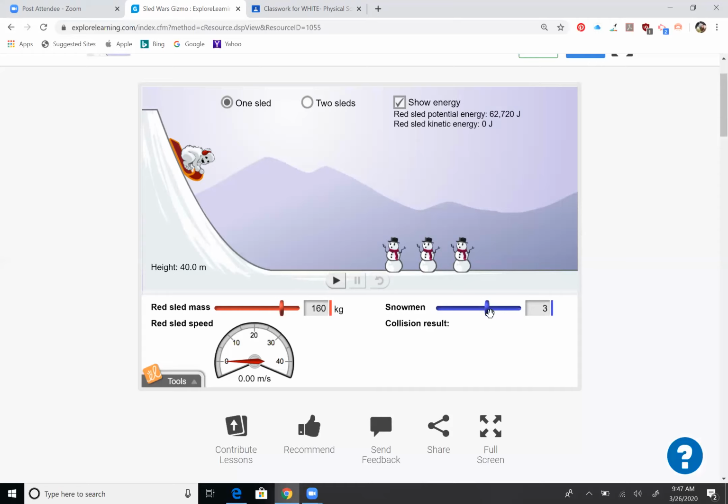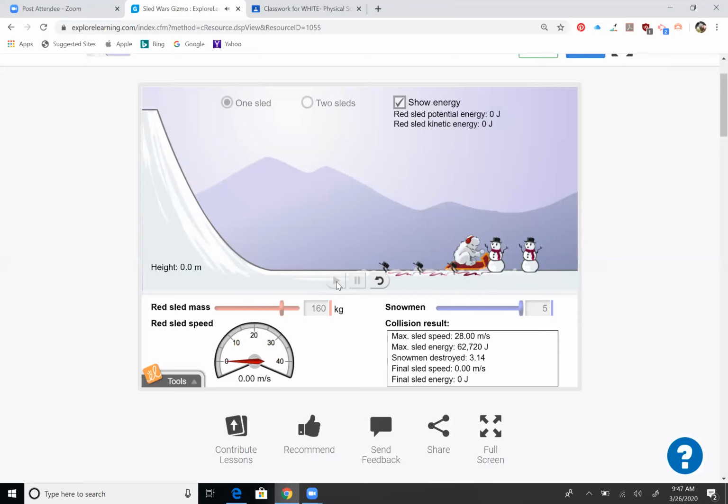It actually wants us to set it at 5 to see how many snowmen it will destroy. So hit play. Ooh, good guess. You destroyed 3.